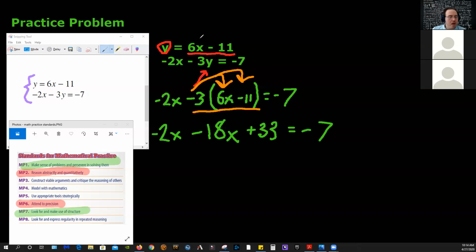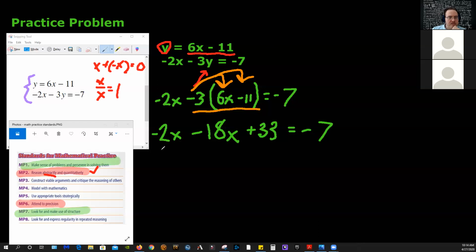The two main abstract rules we're going to be using are that anything plus its opposite equals 0, and anything divided by itself is equal to 1. Those are our two main abstractions that we're going to be abusing. So let's see how that would manifest itself here.